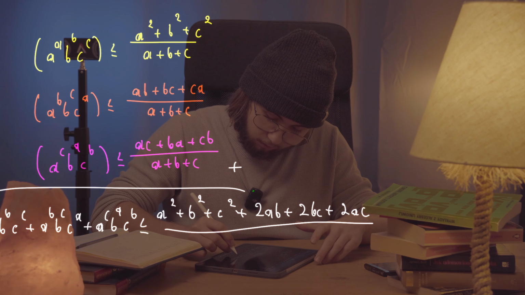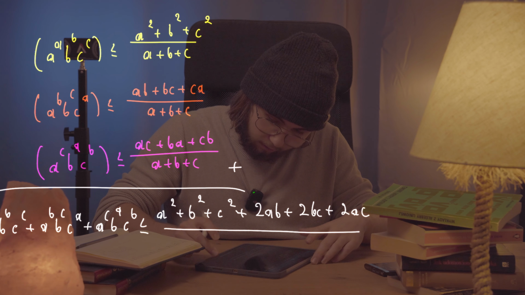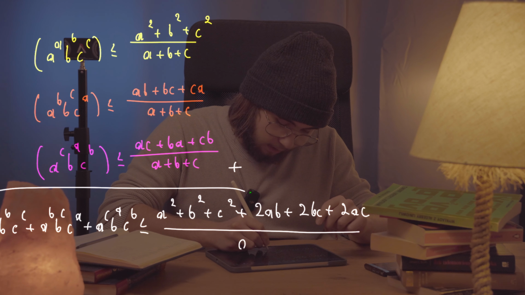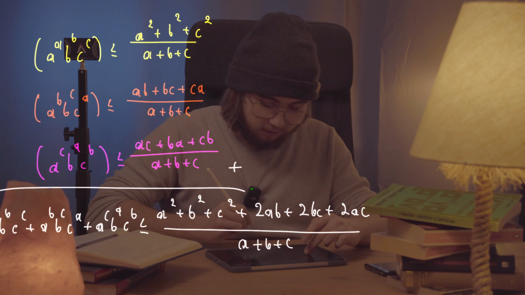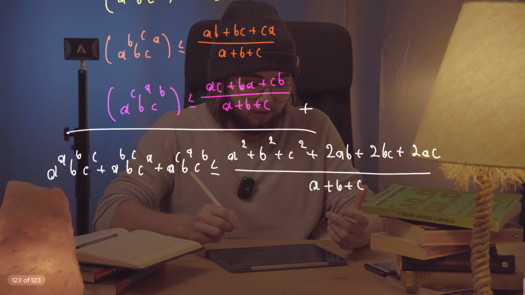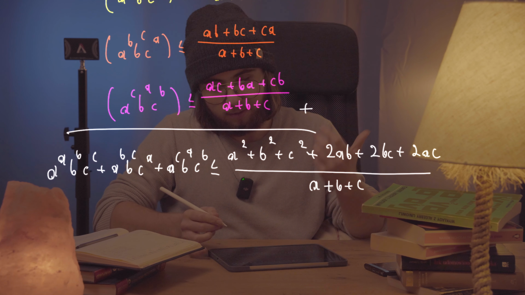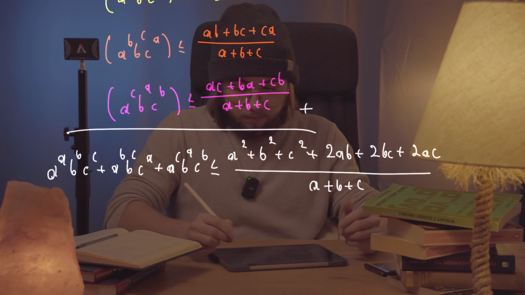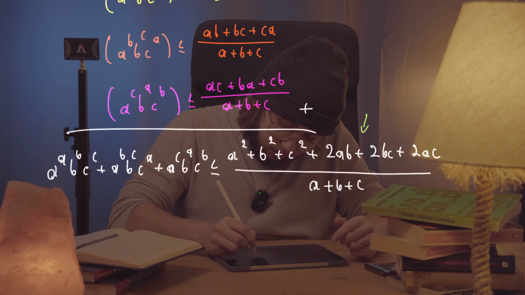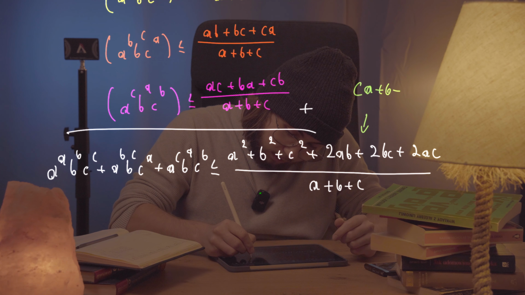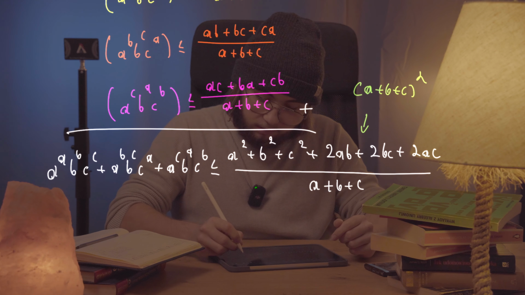And now we divide everything by a plus b plus c. Okay, but what is a squared plus b squared plus c squared plus double ab plus double bc plus double ac? Well, that's just a plus b plus c all squared.